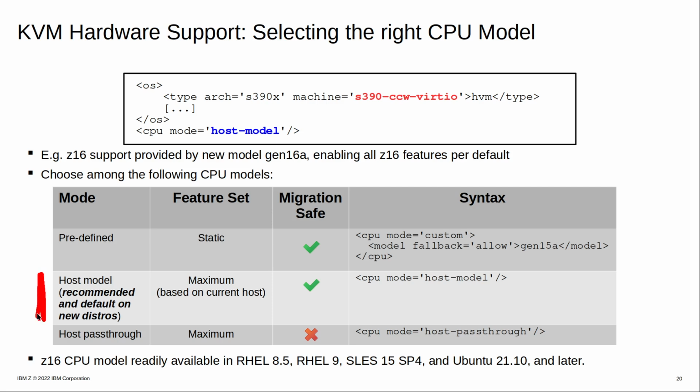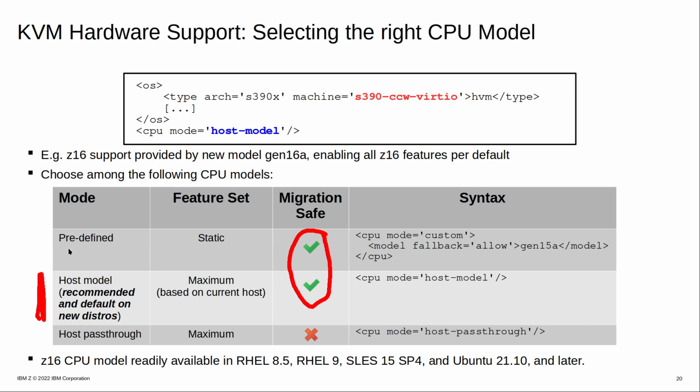That's what we recommend because it gives you a good compromise between migration safety, right? Because only these two up here are migration safe. The host passthrough is not migration safe, so that's why you want to stay away from it. It's just not worth risking a crash of your virtual machine when you're migrating to something where you thought it should work but does not. So you want to take some precautions here and use one of the upper two models.